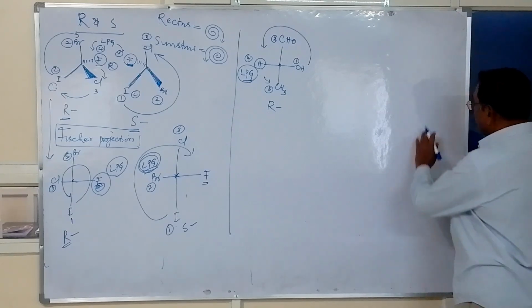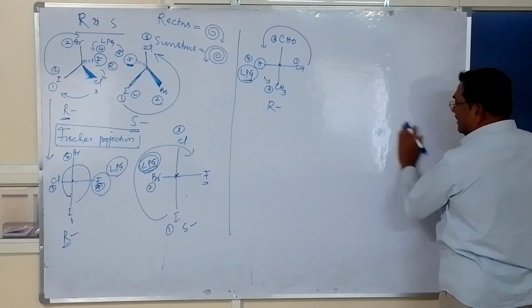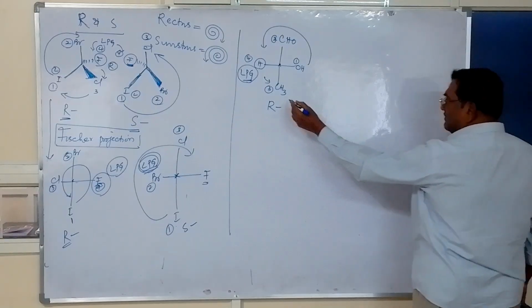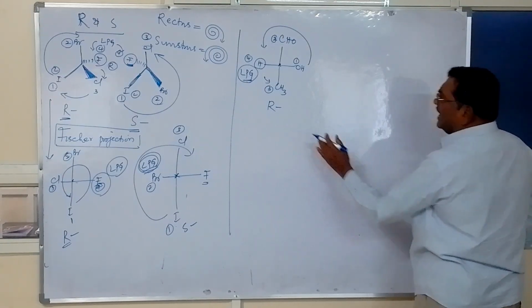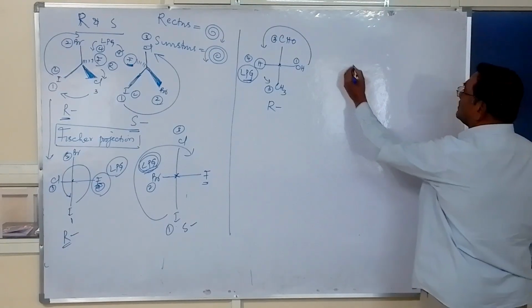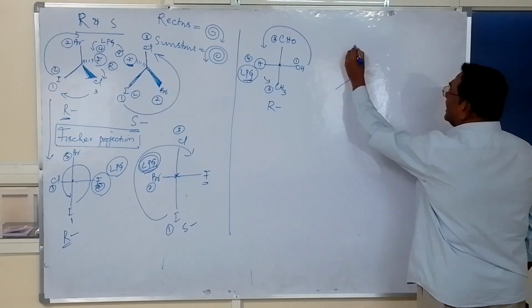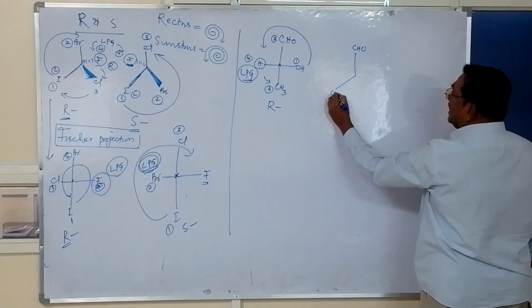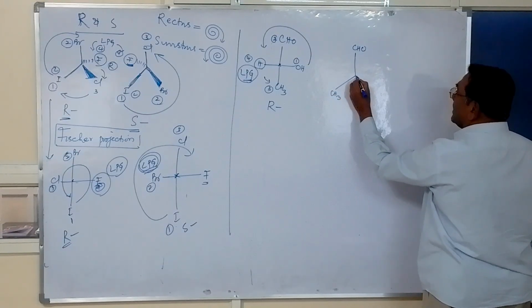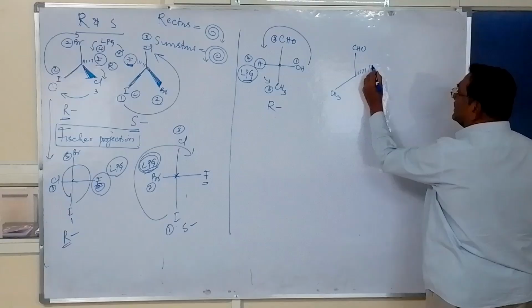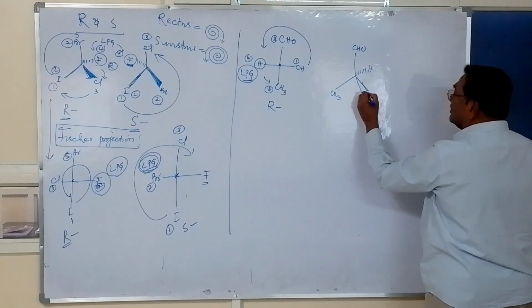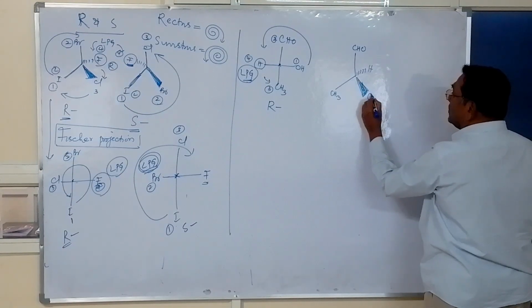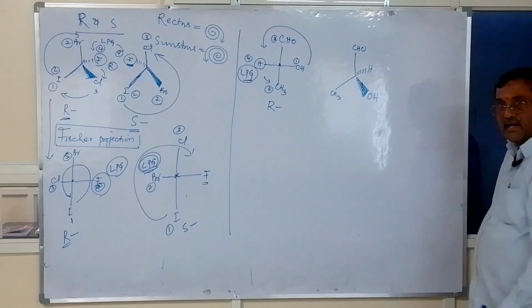See, this is a very decent example which we have done with respect to this. And like this, we can solve some more questions also, children. I have given CHO and also CH3, and here I have given H. And on the dash, I have given OH, right?